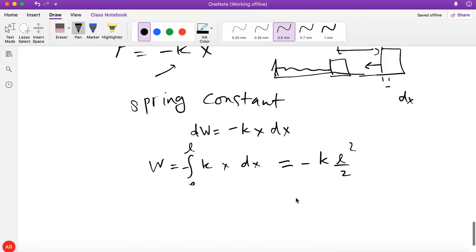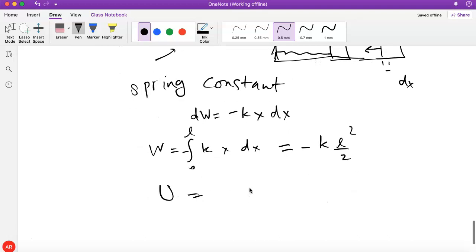Therefore, the potential energy stored in the spring is minus that, so that's k L squared over 2. So as you stretch or compress a spring by some length L, you store potential energy equal to k L squared over 2 in that spring. And then, once you let it go, if it's stretched or compressed, it will pull that object toward the equilibrium, and it converts the potential energy to kinetic energy.